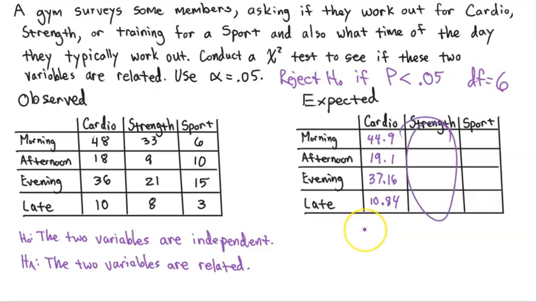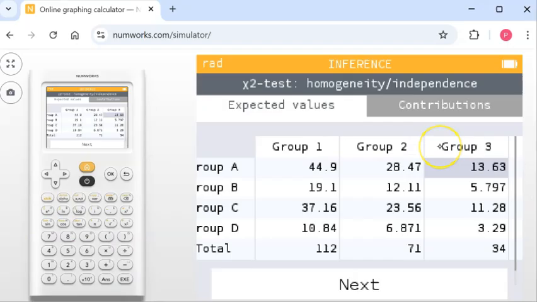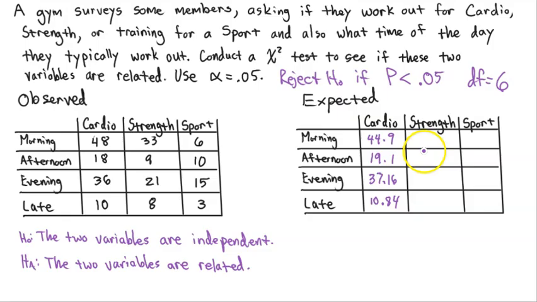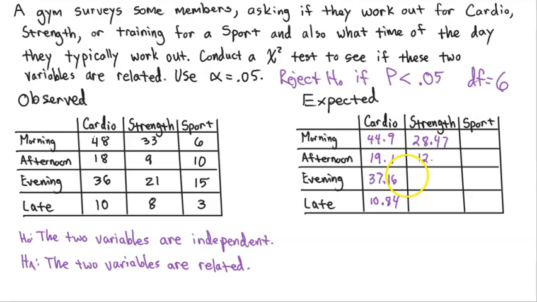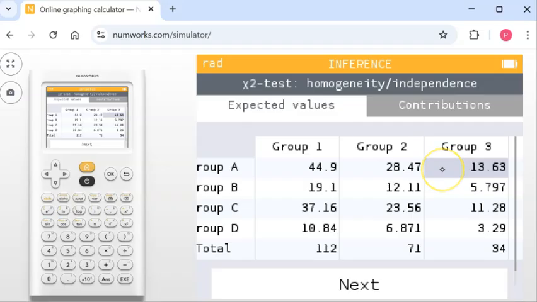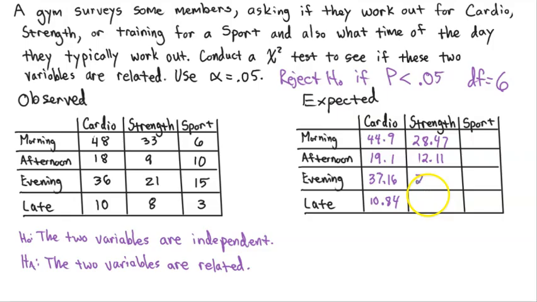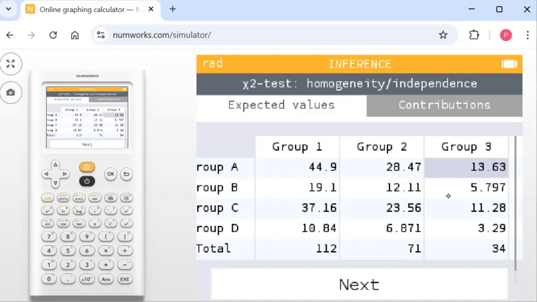Now let's go to this column. We got 28.47, and then 12.11, then 23.56, then 6.8.